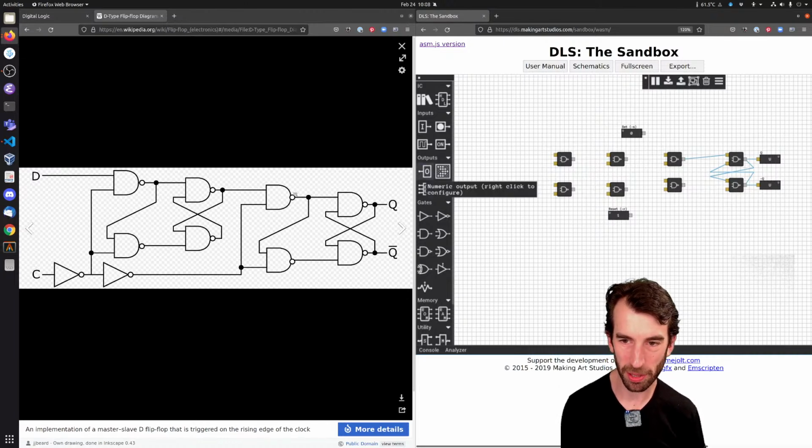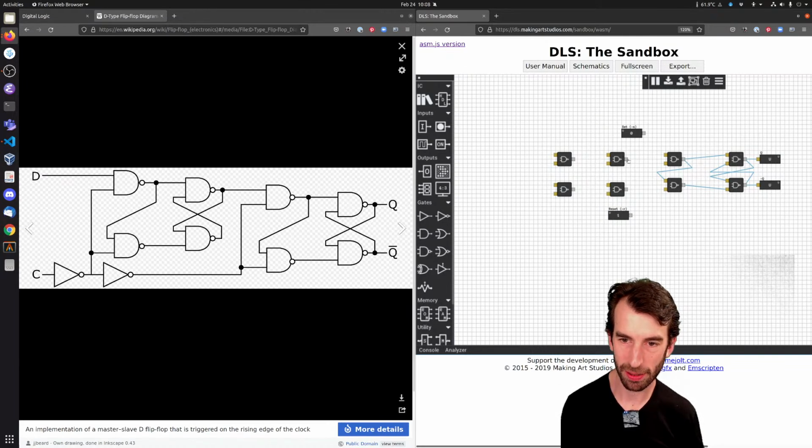Okay, so that one, I'm going on the second layer back. And those ones get connected only here.